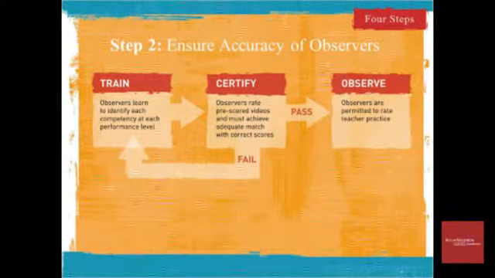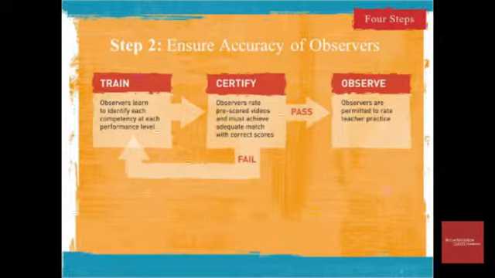The second step is just ensuring accuracy of observers. The way we handled that in the project was that people received, I think the average was 27 to 35 hours' worth of training on the instruments. It varied by instrument.